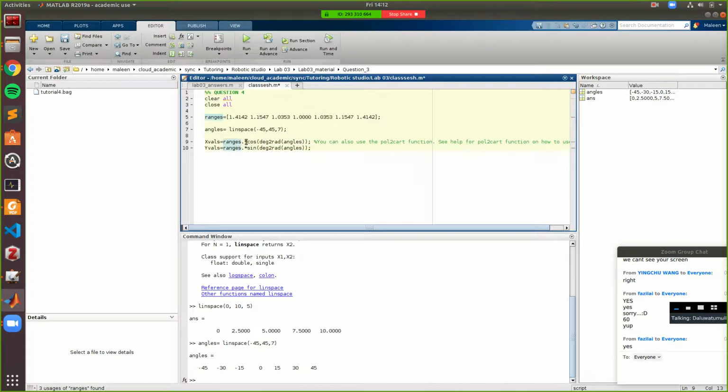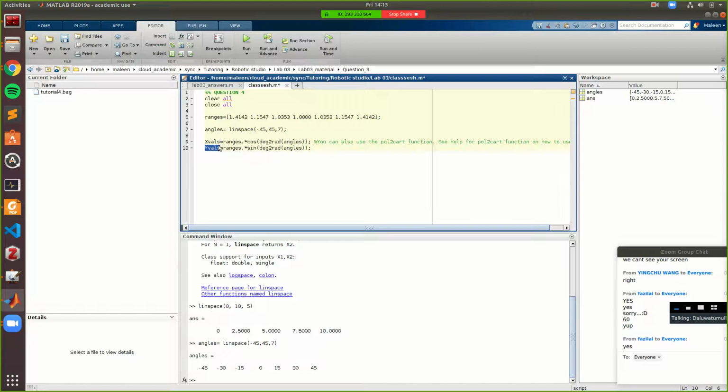This dot multiplication means we are not doing a matrix multiplication, we are multiplying element-wise. MATLAB's cos function takes radian values. I've arranged these angles in degrees, so I have to convert from degrees to radians, which is why I've used this function, and then I include these angles in there. And then I'll get my x values and y values.